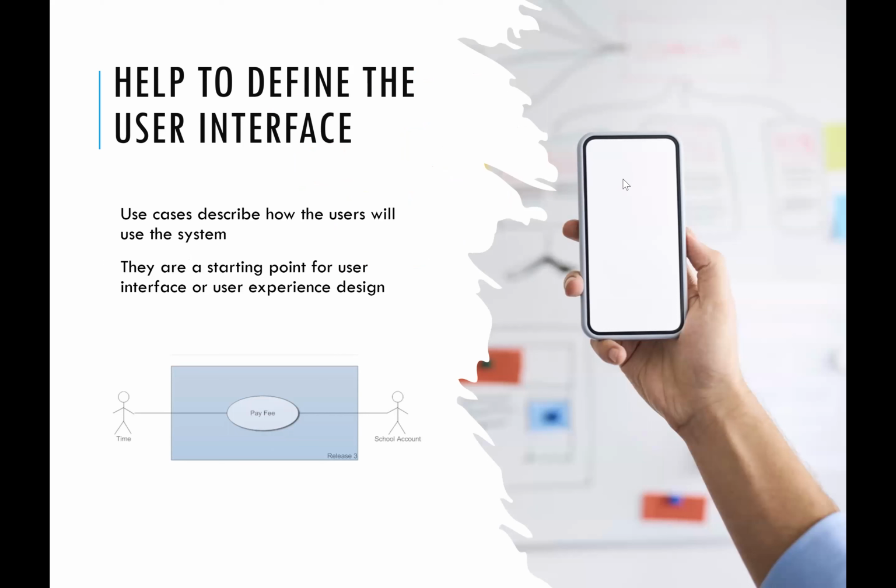So an interface is anything that allows two different systems to communicate. I'm saying two different systems, but let me switch it and say two different entities. An interface is something that allows two different entities to communicate.